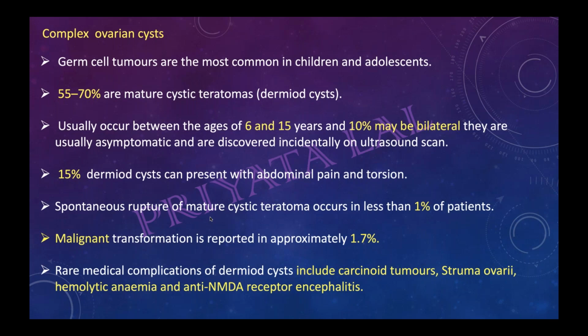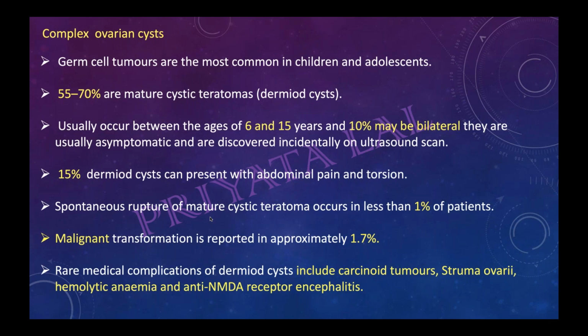You can get a question from this number because it is a recent talk. Usually it occurs in ages 6 to 15. In 10% they could be bilateral. Whenever you are doing an ultrasound and you see a dermoid in one ovary, you always go and check the second ovary, because sometimes both ovaries contain dermoids. So 10% could be bilateral, and I have seen it myself.